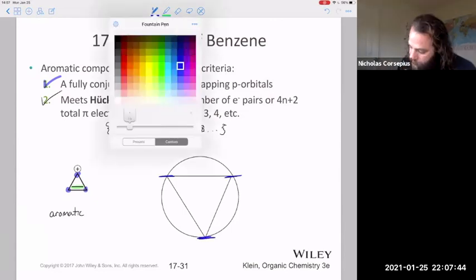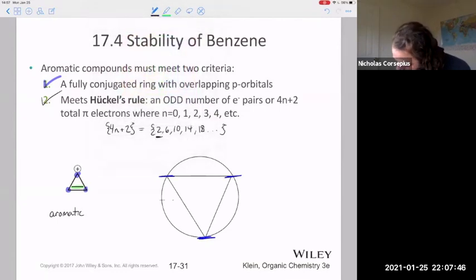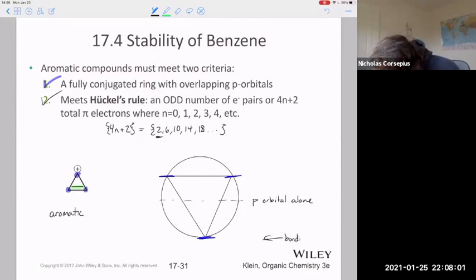And remember that this line in the middle is what represents the energy of a p orbital alone, which means that this is my bonding MO. It's pretty messy. And these are my antibonding MOs.